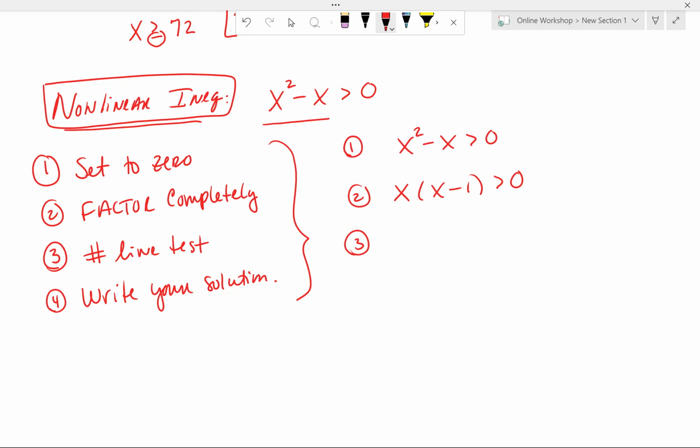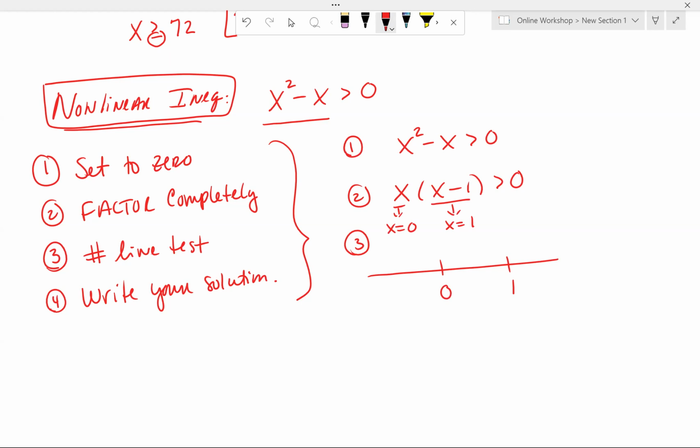Your critical points come from setting each of these factors equal to 0 and solving for x. So this critical point would be x equals 0, and this critical point would be x equals 1. And you make a number line with those critical points, 0 and 1.